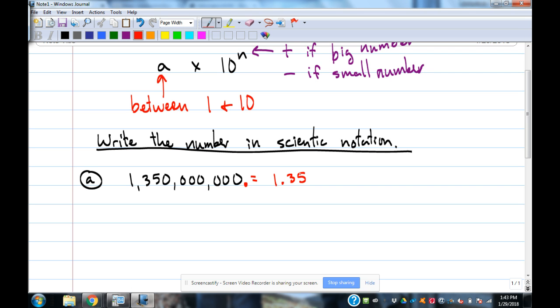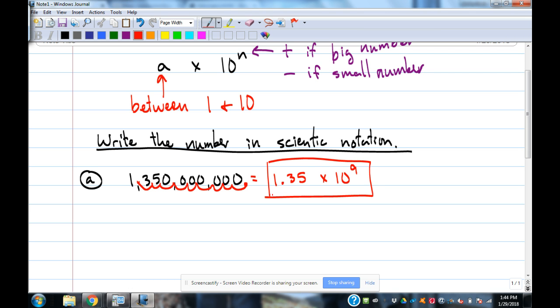The reason it needs to be between 1 and 3 is because we need that number in front for scientific notation to be between 1 and 10. So we're just going to move this decimal to where it's there, and we're going to count how many places it moved. So 1, 2, 3, 4, 5, 6, 7, 8, 9 places. So that's times 10.